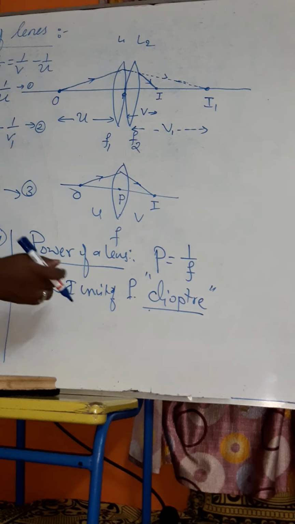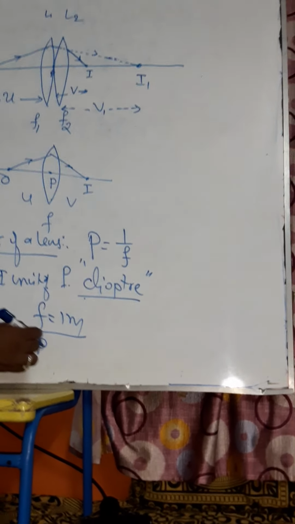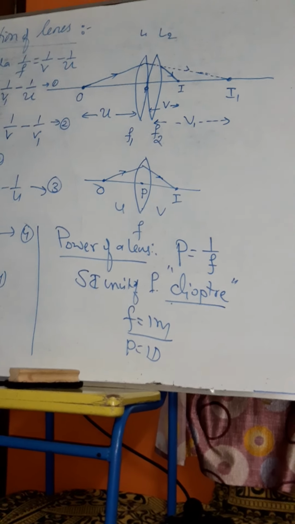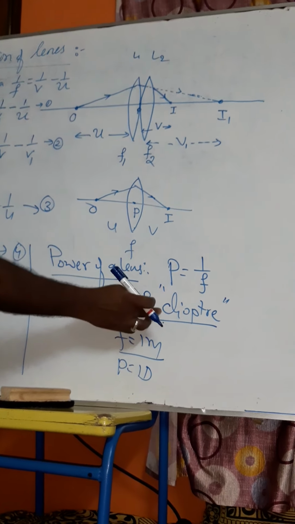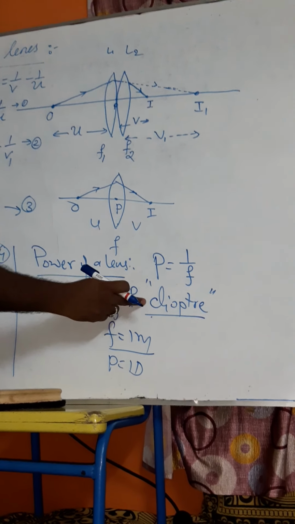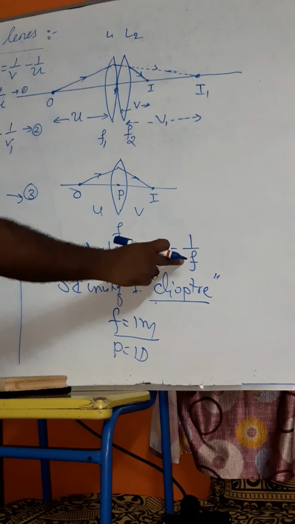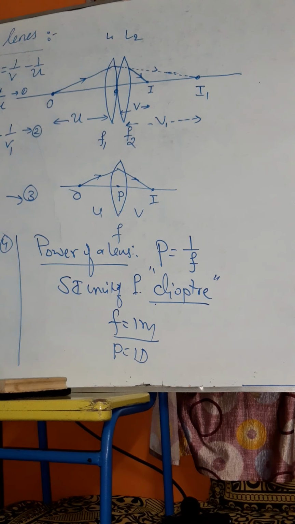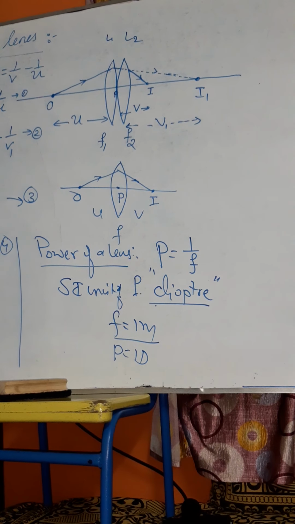To define one diopter, if f is equal to 1 meter, the value of P is said to be 1 diopter. So how to define the power of a lens in diopter? A lens of unit focal length has power said to be 1 diopter. So that is the definition of 1 diopter.